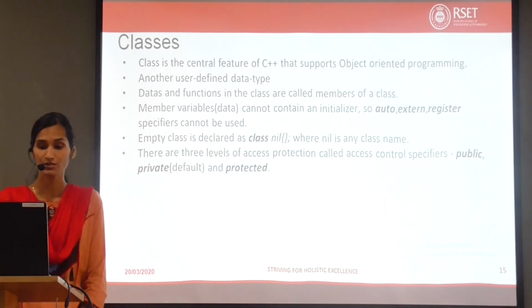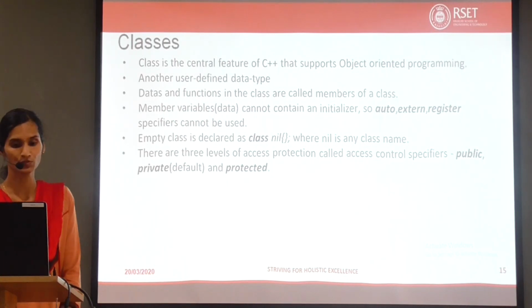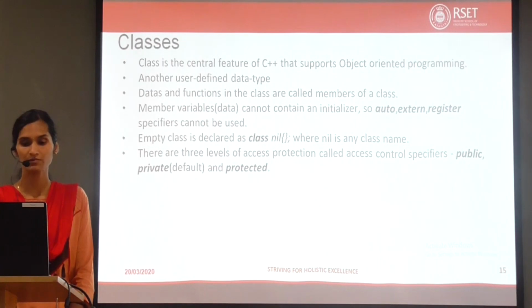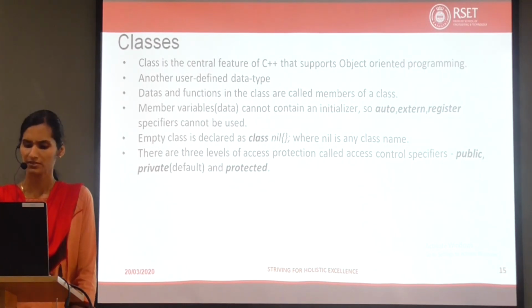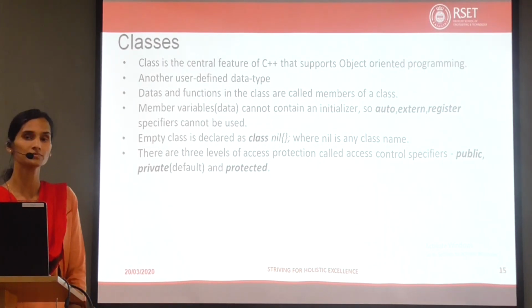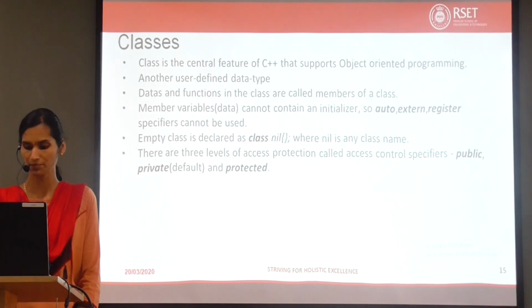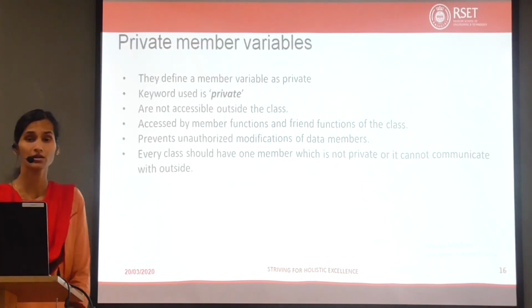Now there are 3 levels of protection for your member variables, which are public, private and protected. This is just like the private and public or the global function values that we have learned, same property.